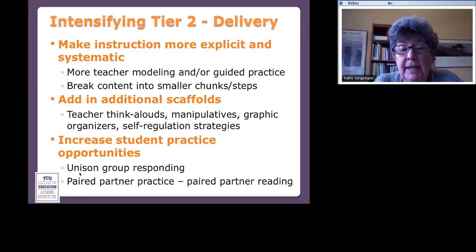Increasing students' practice opportunities, looking at whether or not unison group responding is one of the response options being used to increase student practice, and whether paired partner practice, paired partner reading is being utilized.